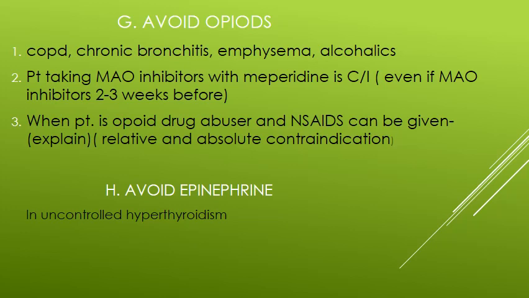This is important. If NSAIDs can be given, then avoid opioids. So look for treatment alternatives. What else can be given in such conditions? If you do not have an alternative, opioids become a relative contraindication, and if there is an alternative, then it is an absolute contraindication, avoided.